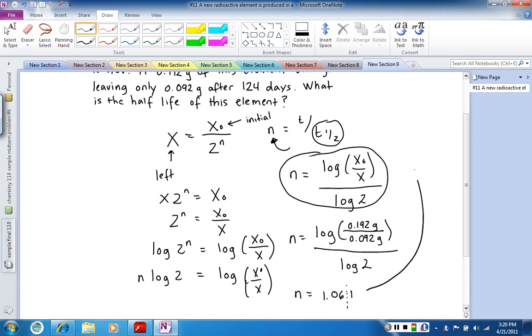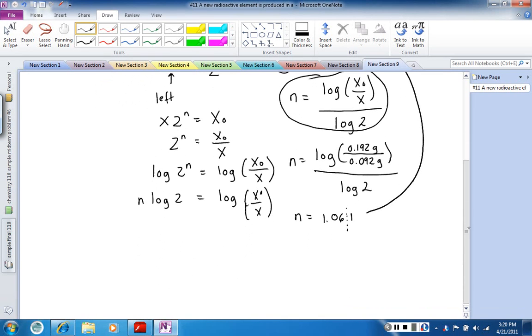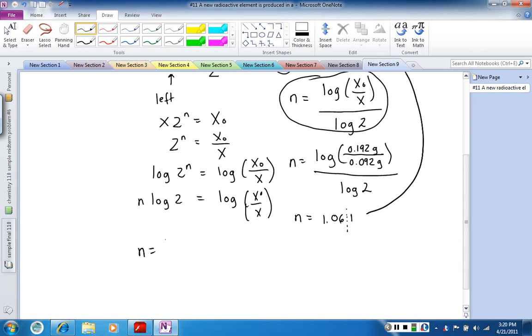So now we're going to plug that over here. We know our t is 124 days. So n equals t over t to the half. t to the half times n equals t, so t to the half equals t divided by n.